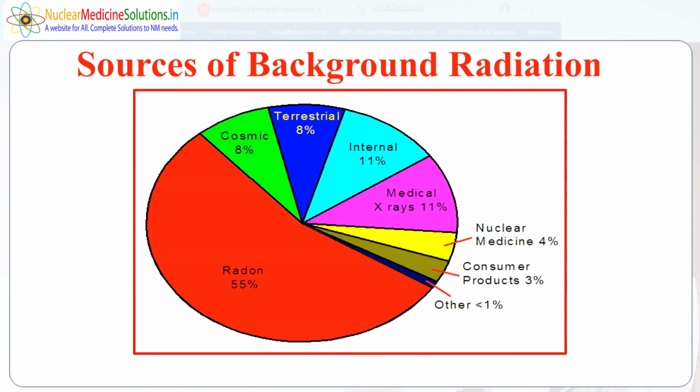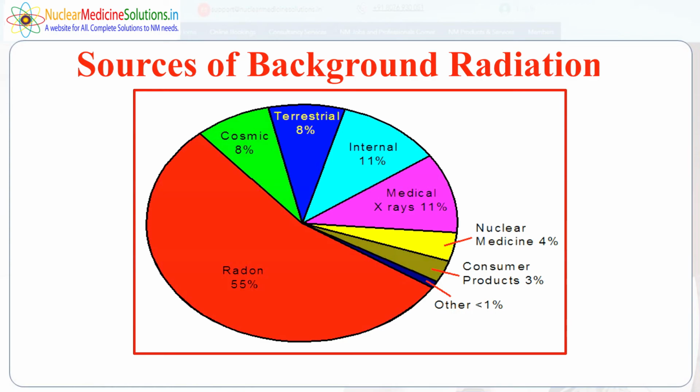Now this slide tells about the sources of background radiation. Radon, cosmic rays give 8%. Terrestrial rays give 8%. There are also man-made radiation sources used for medical X-rays, nuclear medicine, radiotherapy and consumer products.